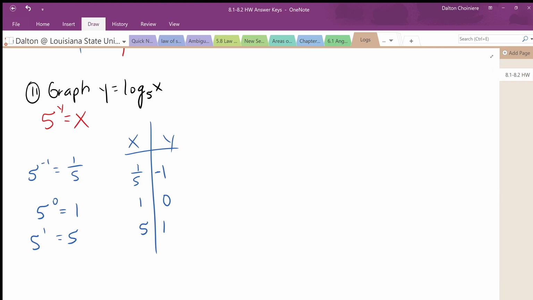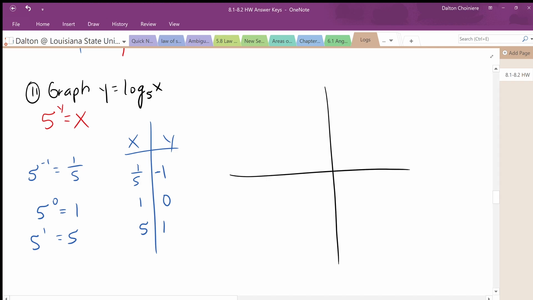And then if I were to sketch a graph of that, you can now know that the asymptote for each of these logarithms is going to be on the y-axis unless it has been transformed, which we'll get to in a couple of examples. So if I were to graph these, those coordinate points, 1/5 comma -1 would be something like this.